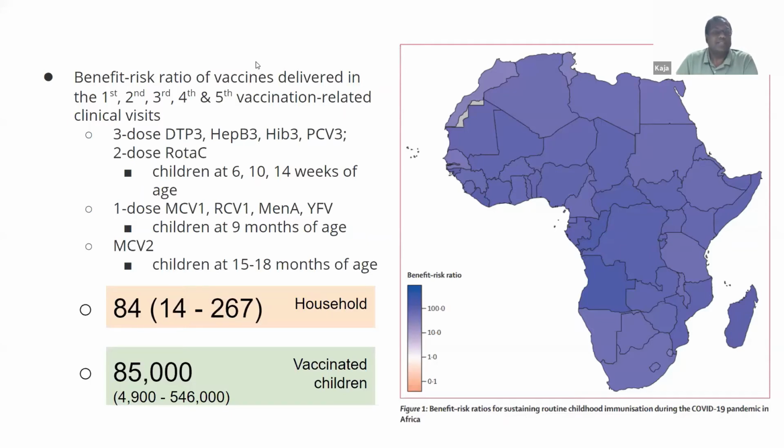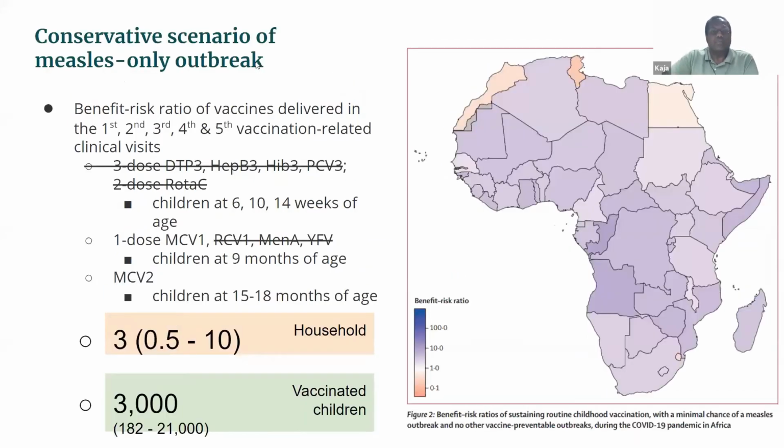Next slide, please. And then we looked at a much more conservative scenario, wherein for the period of suspension, what if none of these vaccine preventable disease outbreaks really took place, because of the physical distancing measures, the transmission of many infectious diseases was also reduced.